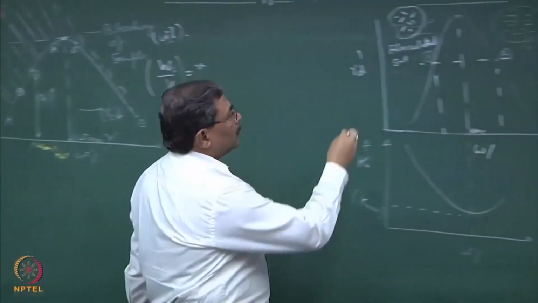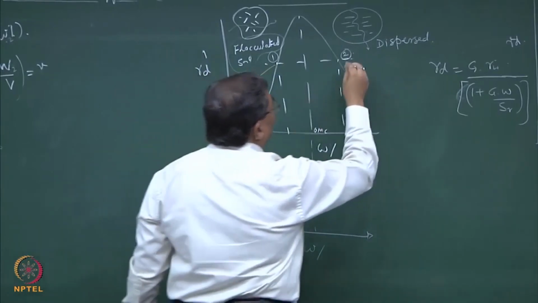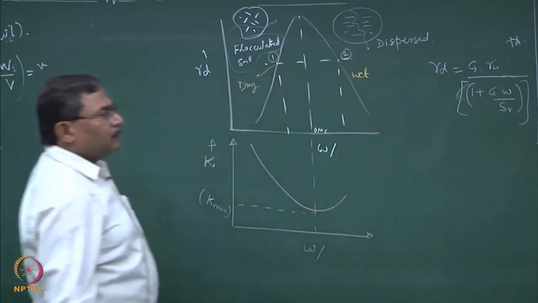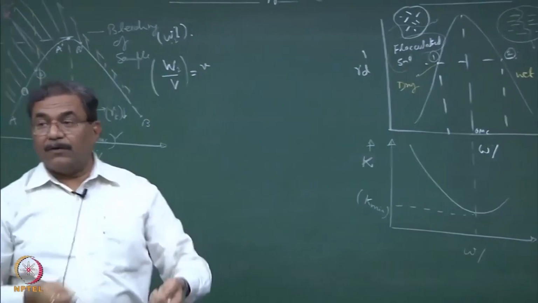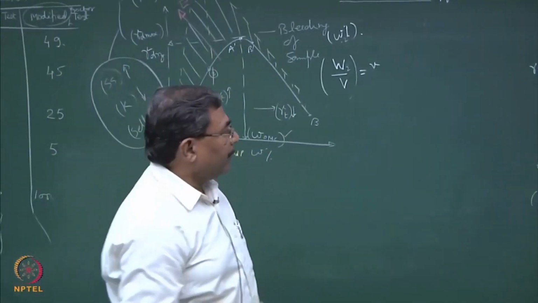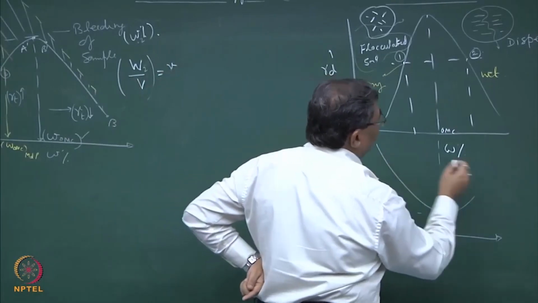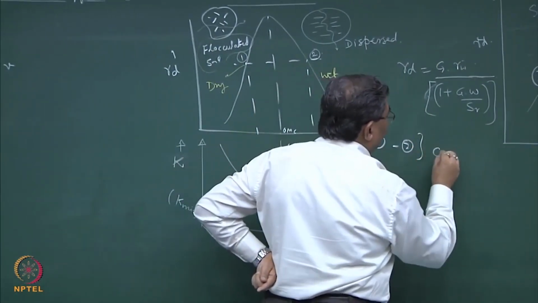Now, this is what is known as the dry state of the material in terms of gamma d, and this is what is known as the wet state of the material. The compressibilities of the system are going to be totally different when you compare 1 and 2. So, what is the difference between 1 and 2? The compressibility is going to be different.